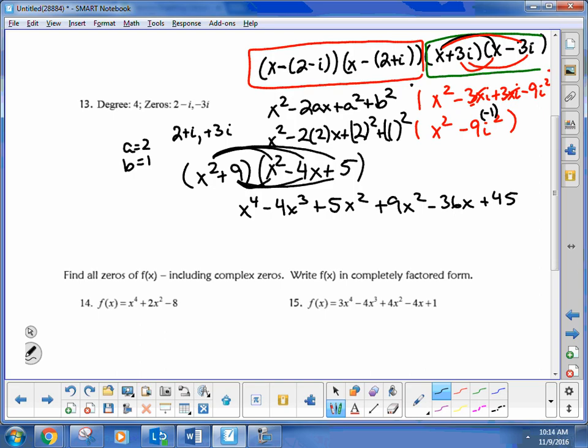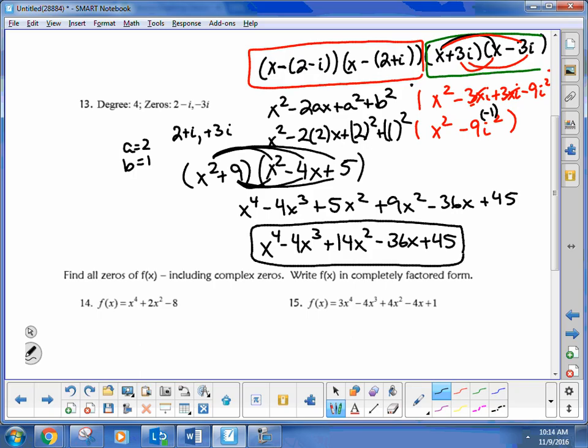One of the things we're going to have from here is that the last simplification for solving this is going to be x to the fourth minus 4x cubed plus 14x squared minus 36x plus 45. So there's my solution to that one.